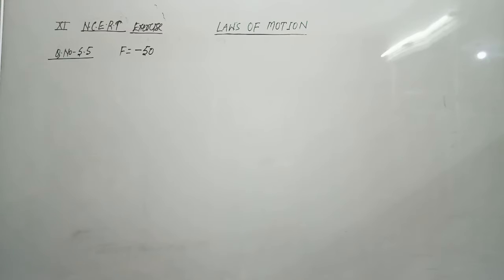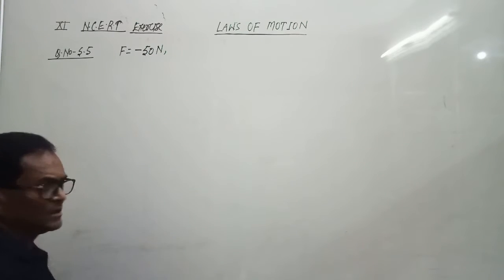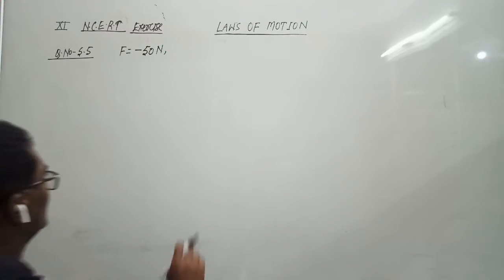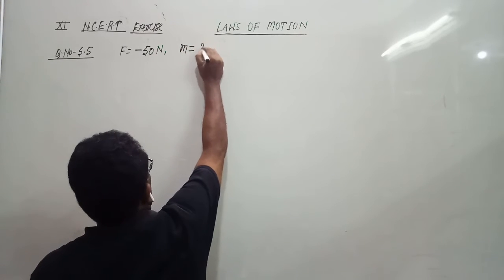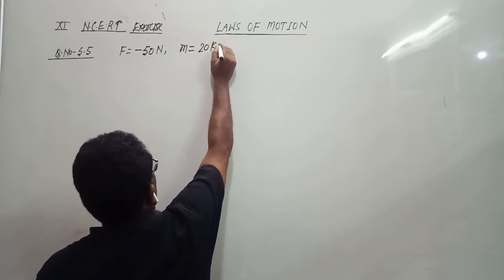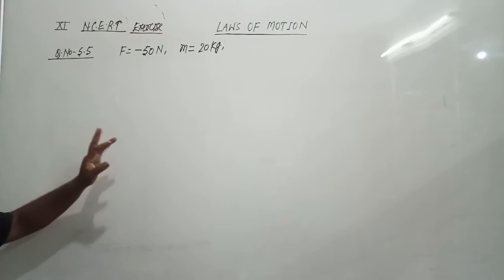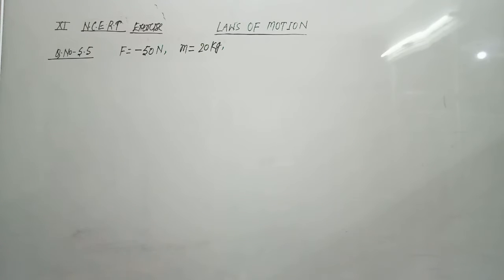So a constant retarding force, minus 50 Newton, is applied on a body of mass 20 kg.